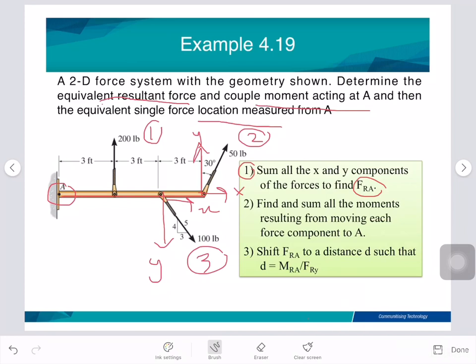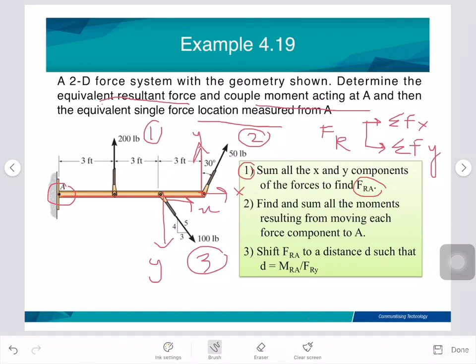So for the force resultant, you need to get the summation of force in X, and then the summation of force in Y.